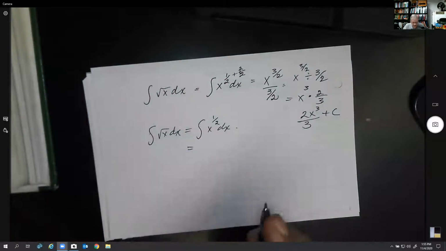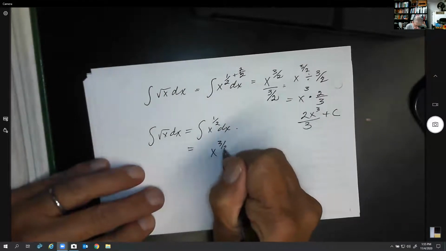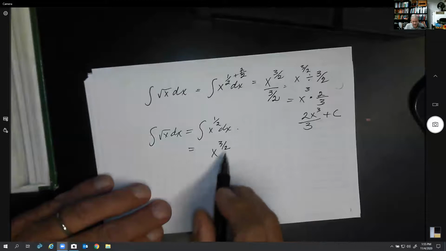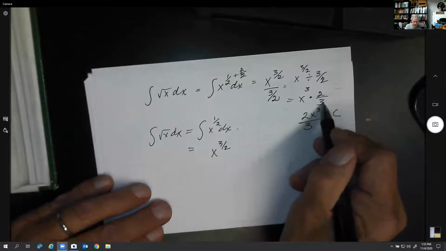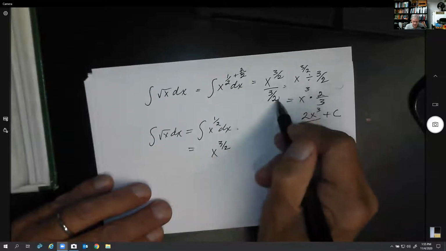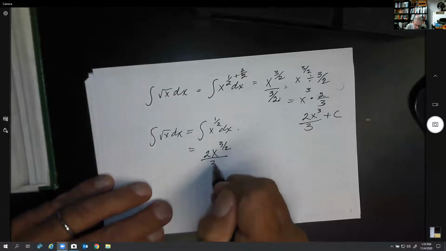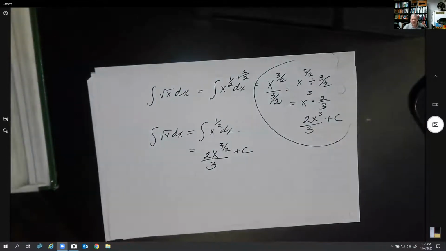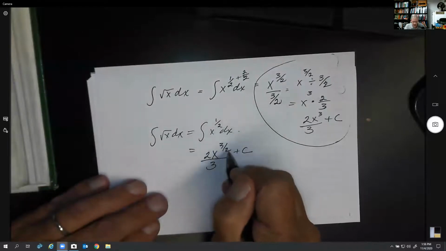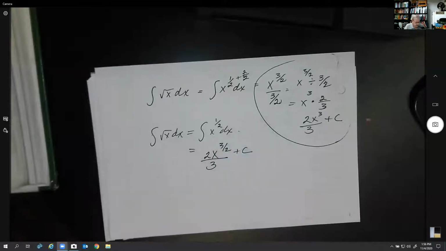You could think that 1.5 would be 3 halves. But instead of putting it over 3 halves, we just multiply by its reciprocal, because that's what happened here. We ended up multiplying by the reciprocal of 3 halves. So we just take this 3 halves and put it as 2/3 plus c. That way we don't have to go through all this brain work. We can do it much quicker. So if it has a fractional exponent, just use the reciprocal. If this was 4/3, use 3/4 there.